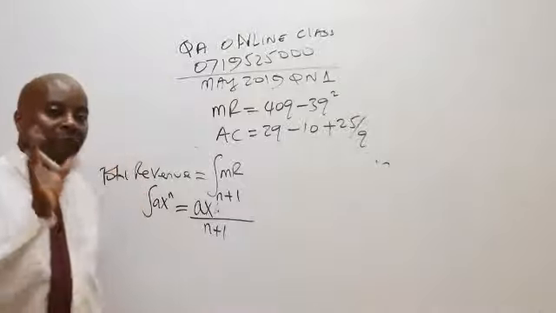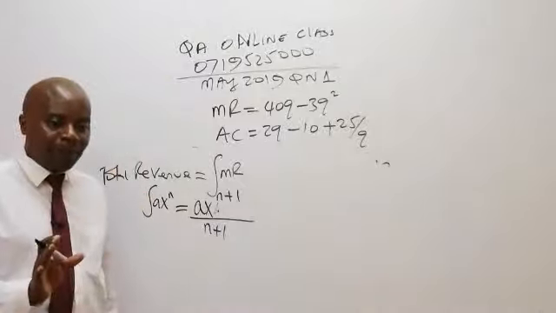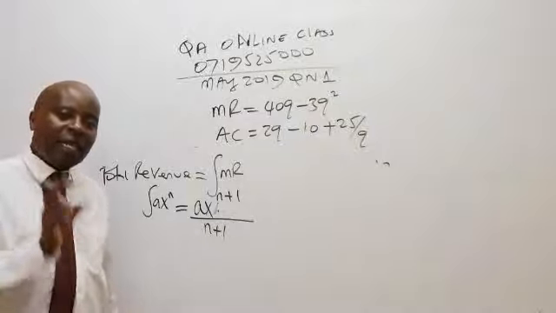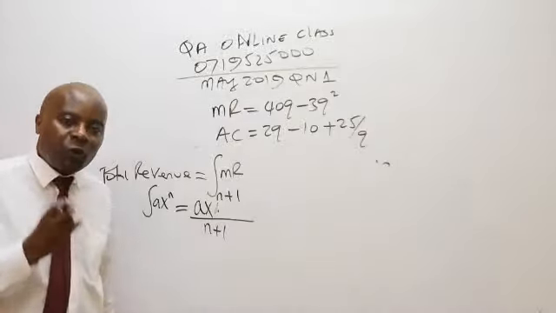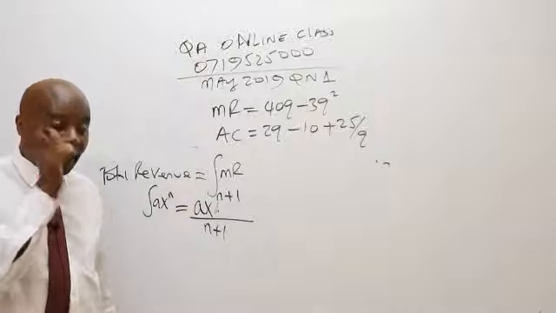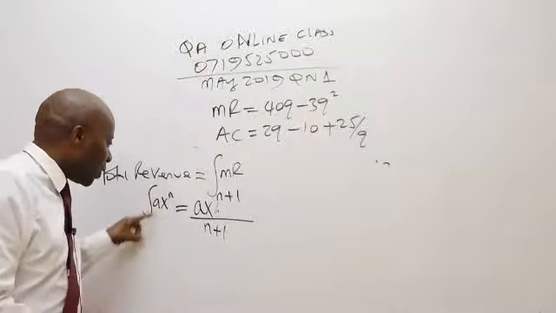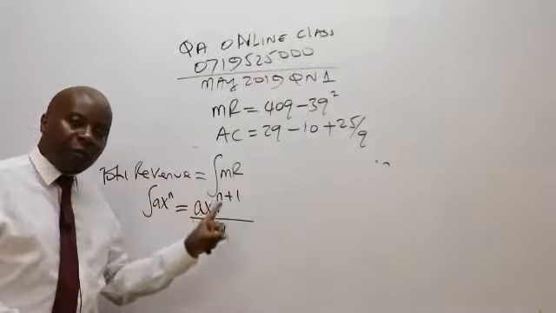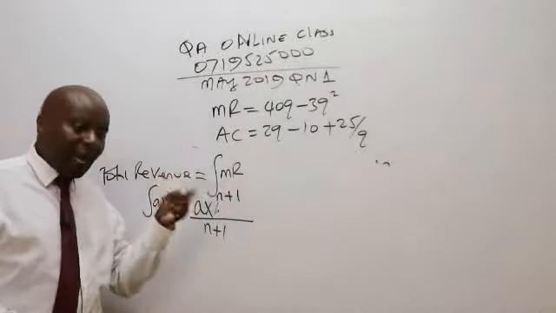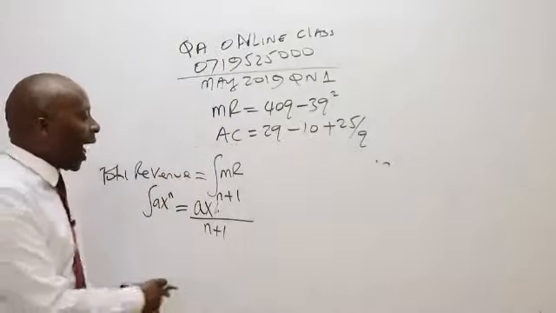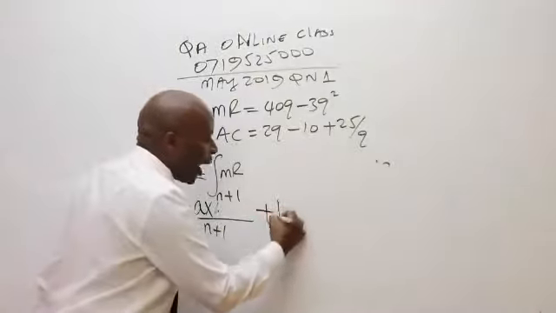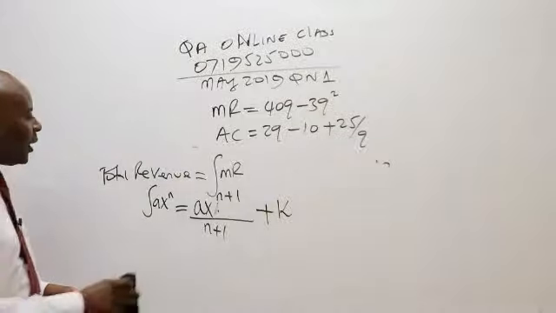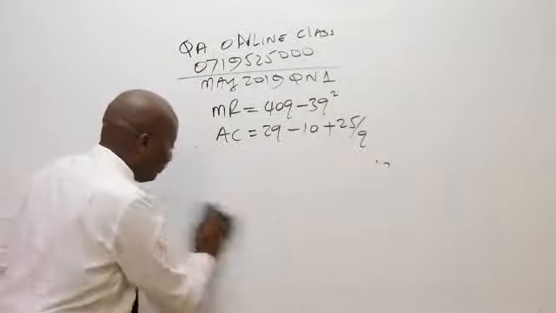Anytime we talk about integration, the key thing that will always come to my mind is that integration, which is sum, elongated S for summation, means that we increase the power by 1, and then we divide by the new power, and then, of course, never forget to add the constant of integration. Let me make this even clearer.